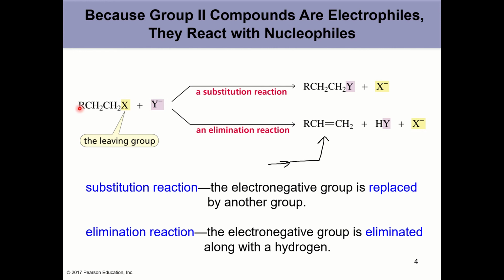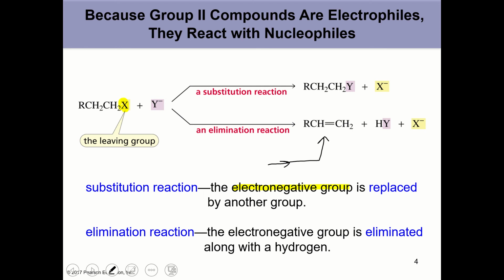Substitution reactions: the electronegative group is replaced by another group, and in terms of the electronegative group, they're referring to the X in yellow. In a substitution reaction, X is replaced by Y, our nucleophile.